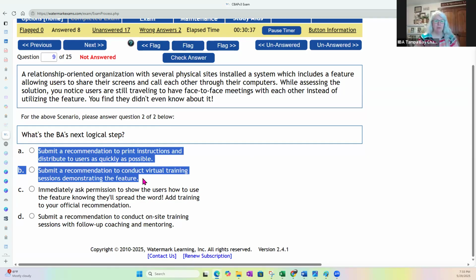These people are traveling to do things face to face. What do we think of C? Immediately ask permission to show users how to use the feature. Why should he ask for permission? Because the organization that we are in requires us to recommend actions by submitting something.